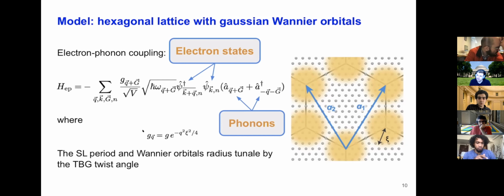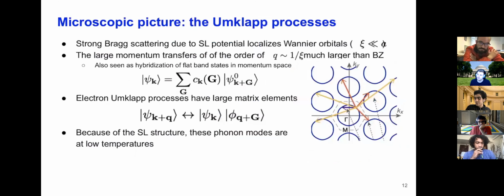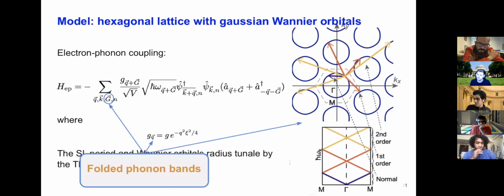So if you consider just two electronic modes, the coupling between them with this phonon can be stronger if the electrons are more compact. And there's one more new feature in this Hamiltonian that I've written here, and this is the sum over G. And where does that come from?